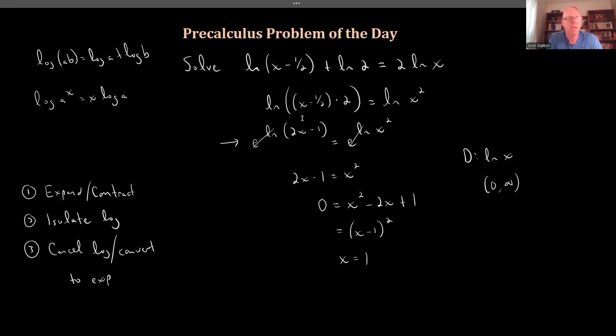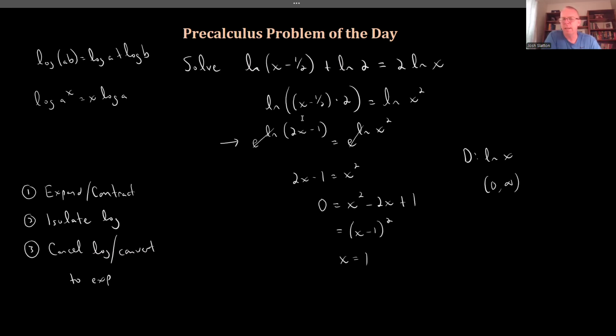And that can happen, especially if you get a quadratic equation at this point and you get two answers. In this case, you just got one duplicate answer of one. But if you get, say, -3 and +1, probably the -3 is not going to be a real answer. It's just going to be the +1.